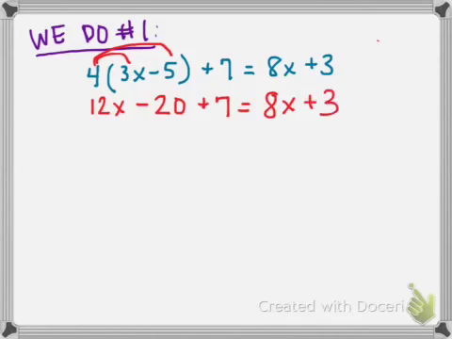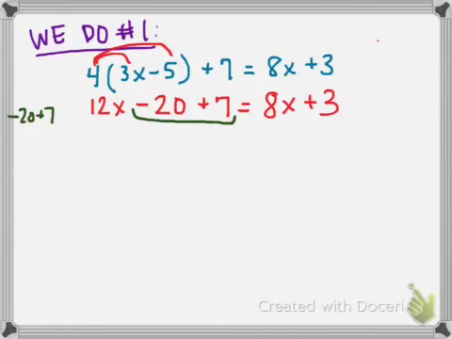So after I distribute, I know I have to combine like terms if necessary. If I look on my left side, I know I can combine my two constants. Negative 20, again, look at the operation sign in front of the value or the number. It tells you what sign it is, positive or negative. So I know that negative 20 plus 7, I'll write it off to the side, I'm really subtracting these two values because the signs are different.